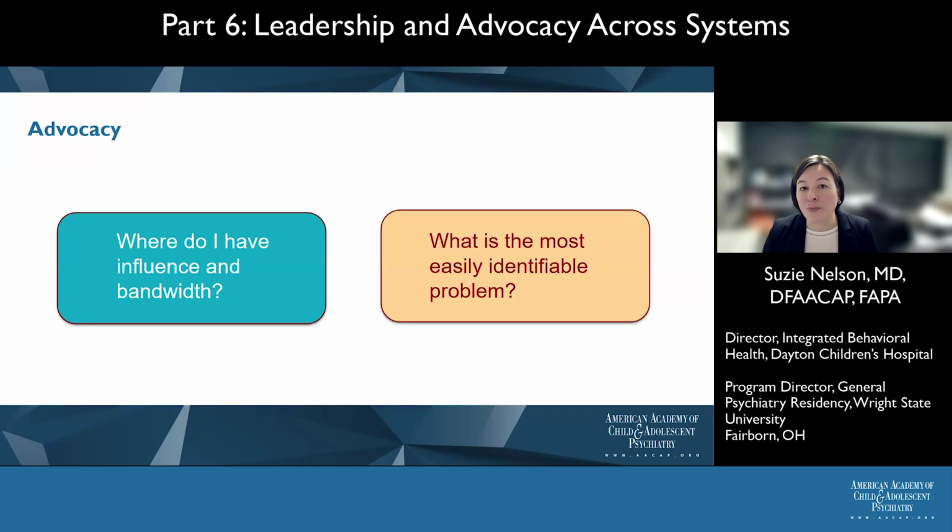Additionally to that, you probably have a shared identifiable problem when you consider those with whom you have influence. And once you identify a key problem, like the national crisis for child mental health access, you can then propose the solutions that meet this "what's in it for me" test that we talked about earlier.